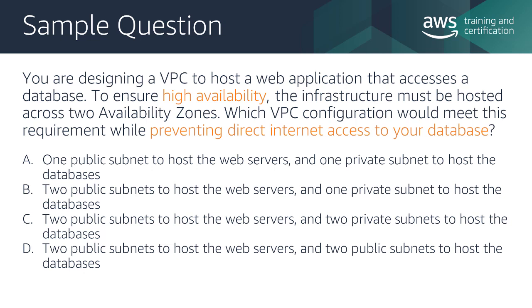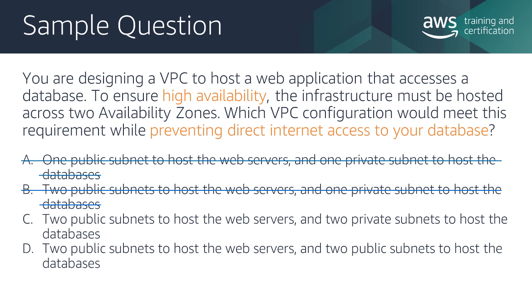Time to cross off some wrong answers. And right away, I'm getting rid of option A. One public subnet, one private subnet, it doesn't meet the requirement of high availability. In fact, that's the same reason I'm going to get rid of option B. Two public subnets, one private subnet for the database. Without two of each, you're not going to be able to actually solve the high availability question.